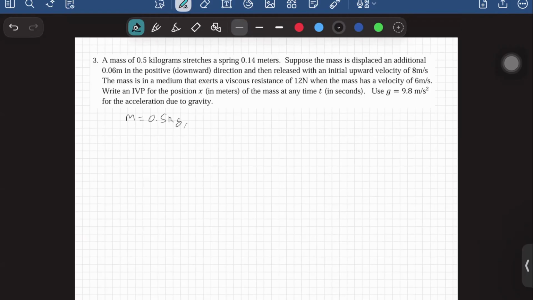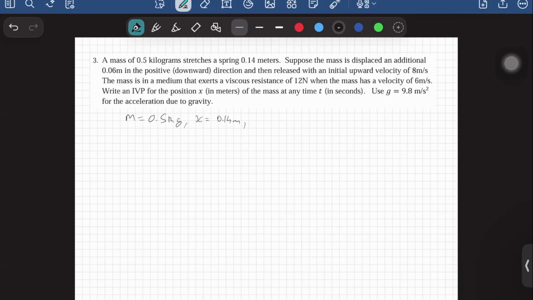It stretches a spring, so the displacement is 0.14 meters. And suppose the mass is displaced an additional 0.06 meters in the downward direction and then released with an initial upward velocity of 8 meters per second.